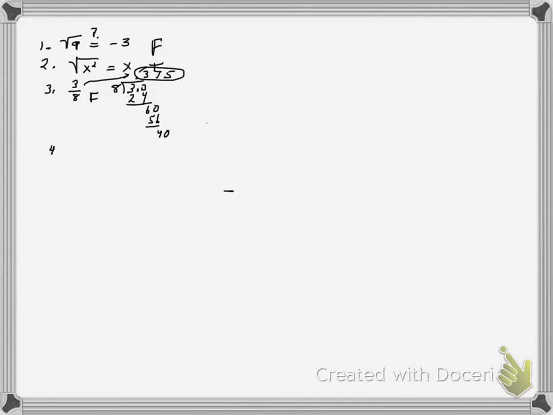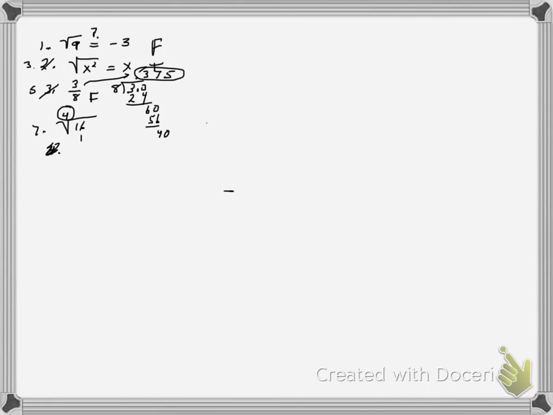Number 4. Actually, I've been labeling these wrong. I've been going straight down. So this one's 3, and this one was 5. Sorry. And 7. It says in the 4th root of 16, the number 4 is called the radicand.